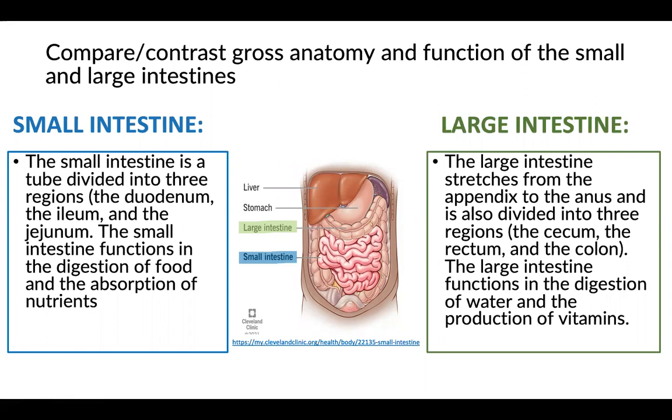The small intestine functions in the digestion of food and the absorption of nutrients, while the large intestine stretches from the appendix to the anus and is also divided into three regions: the cecum, the colon, and the rectum. But the large intestine functions in absorption of water and production of vitamins. So they definitely have two very different functions.